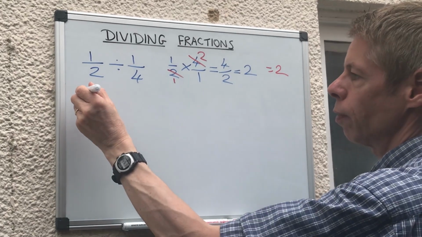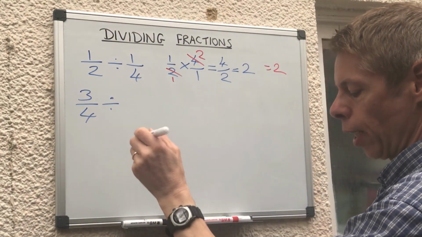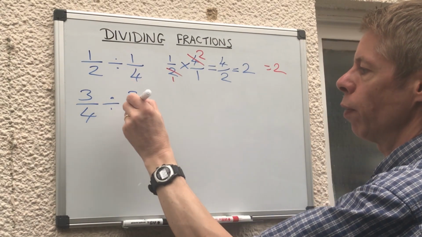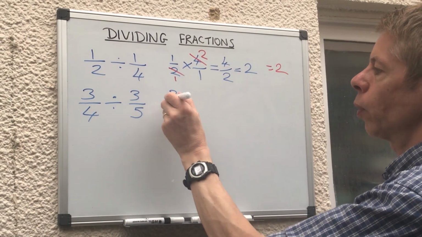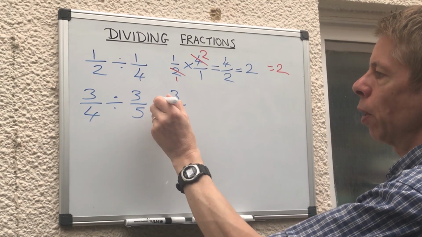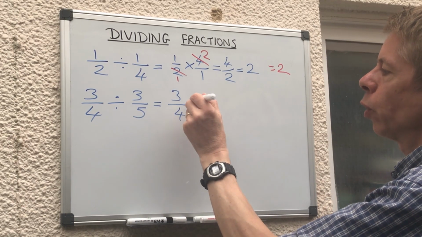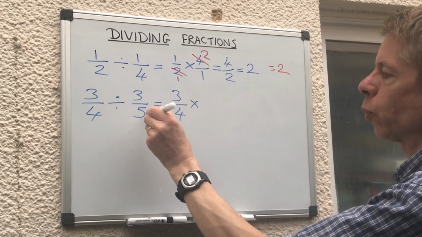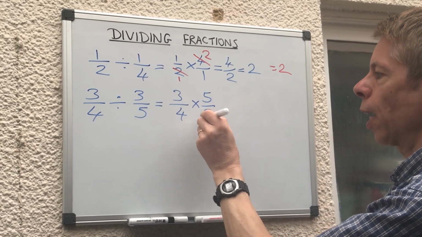Right, so the next dividing fractions, we have 3/4 divided by 3/5. So remember what we do here. We take the 3/4, perhaps I should put some equal signs in there. 3/4, we do a multiplication sign, we turn this one upside down, invert it, we get that.